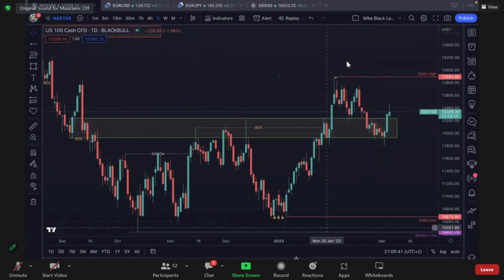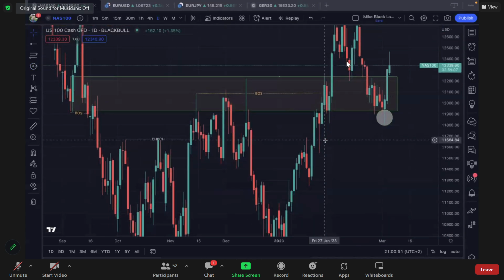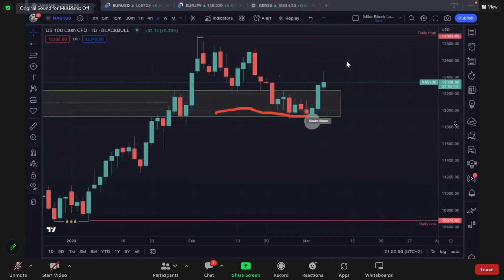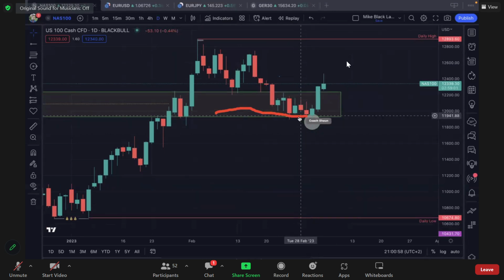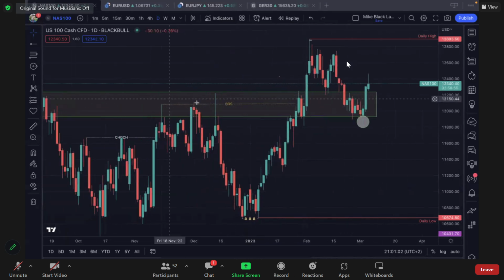And this is also part of a liquidity grab, because of the demand flip to supply, flip to demand.